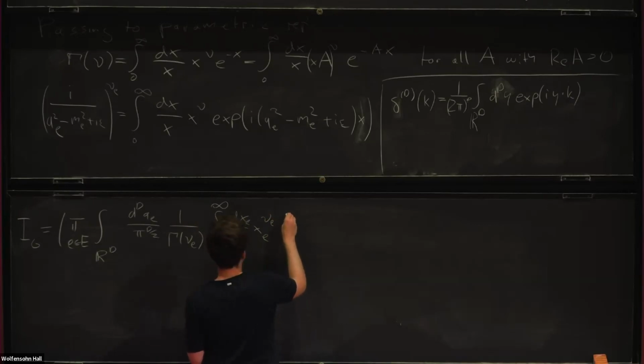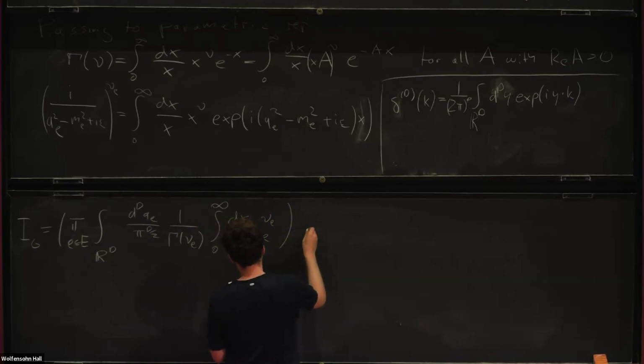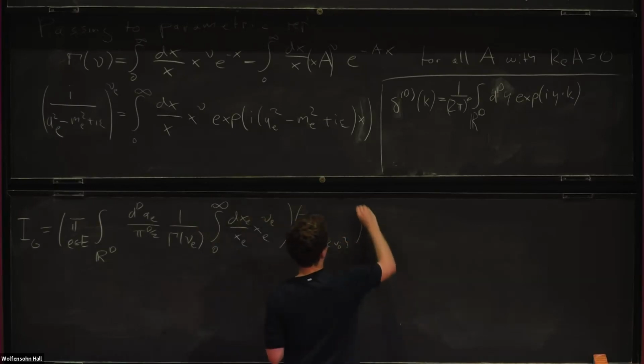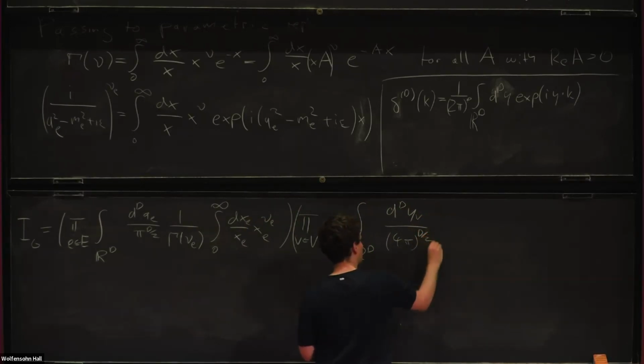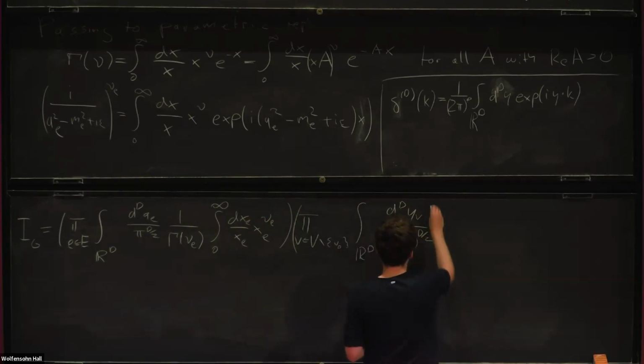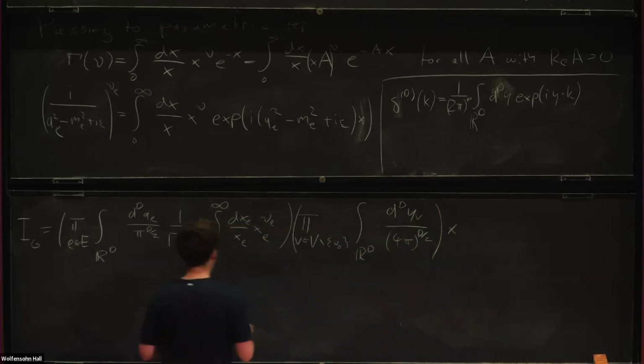And we have another product for all the vertices, or vertices minus 1. And here we do the other integral representation, this Fourier transformation of the delta function. And I hope the factors of pi are correct.